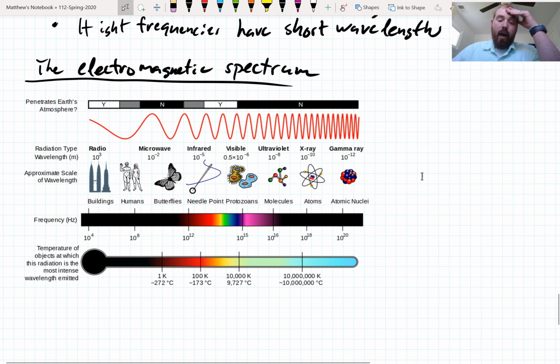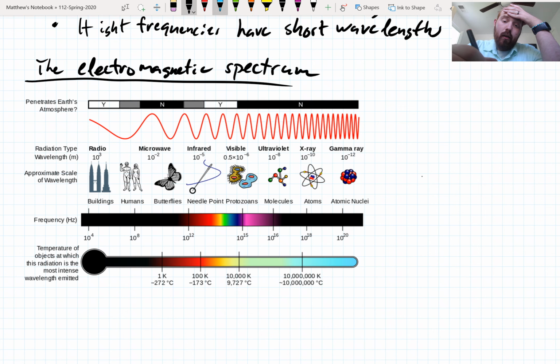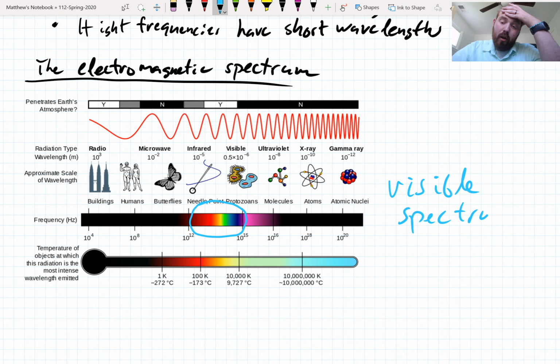So there we have it. This whole picture is a capture of what we mean by the electromagnetic spectrum. Let me highlight little bits here and there. You see this region here? That's what we call the visible spectrum. Why do I call it the visible spectrum? Well, that's what our eyes see.